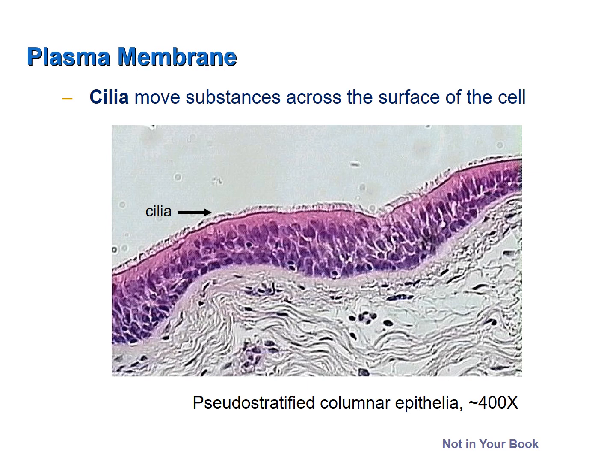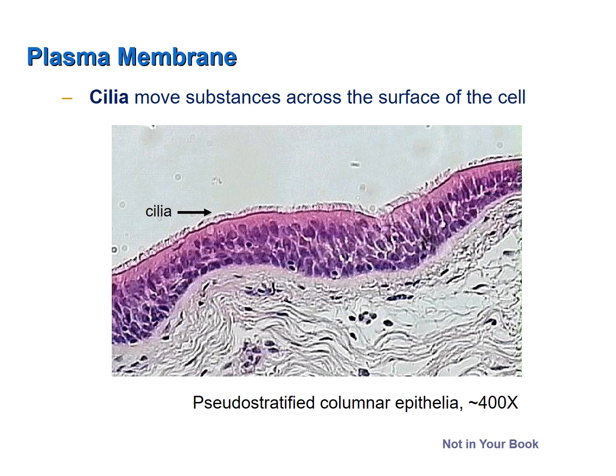Cilia are much larger structures compared to microvilli. You can view them under medium power under the microscope. The function of cilia is to move substances across the surface of the cell. One location where you can find cilia is in the lining of the trachea.